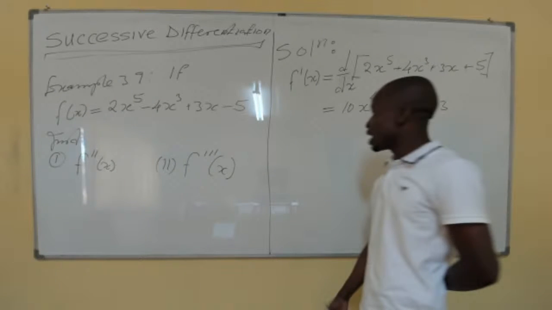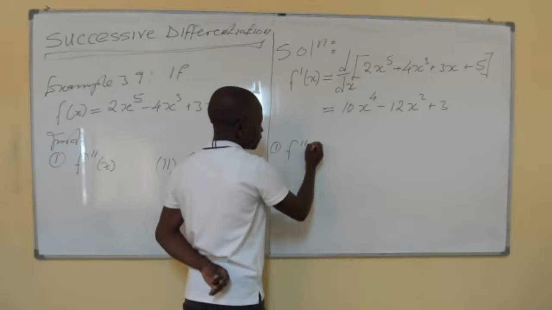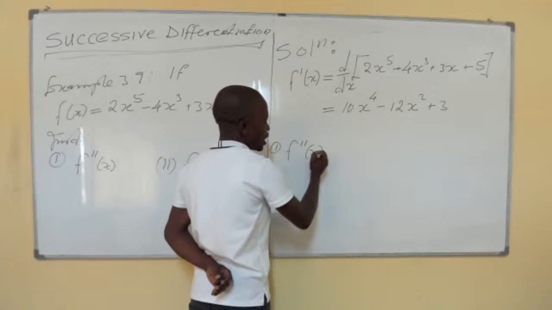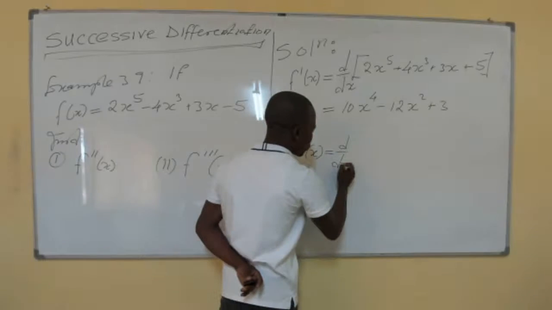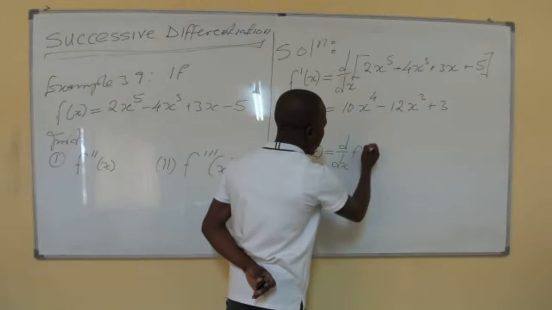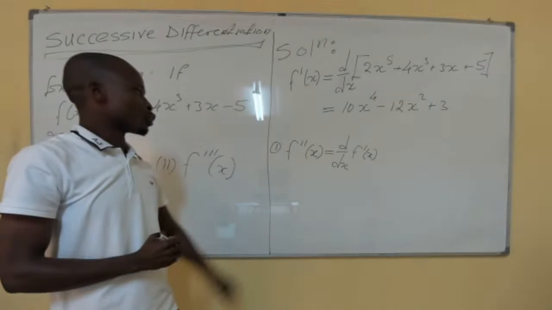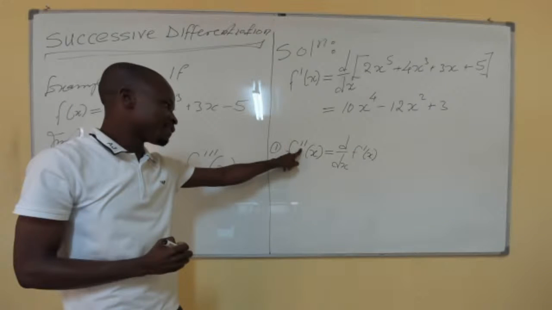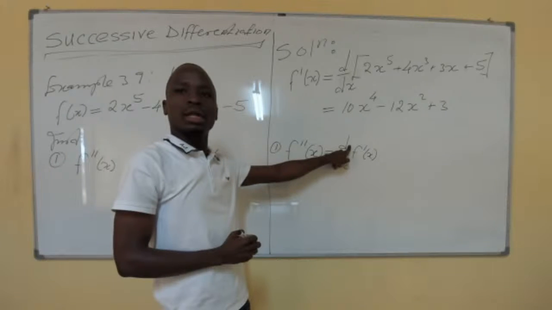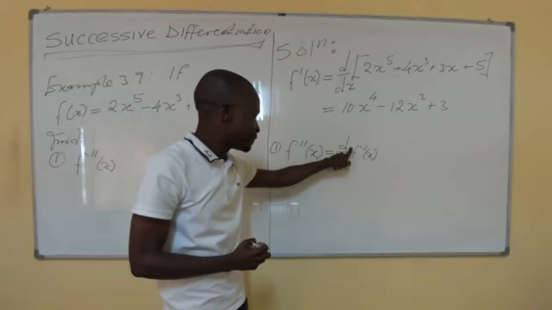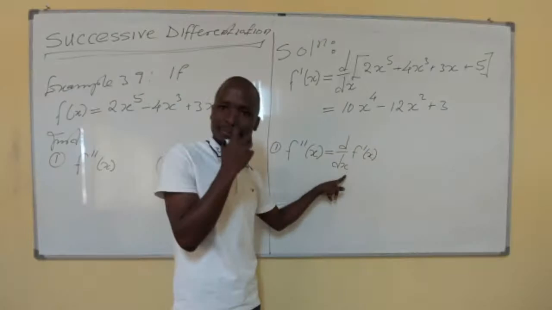Now, the second derivative of the function f of x is just the derivative with respect to x of the first derivative of f of x. So the second derivative of f of x is the derivative of the first derivative with respect to x.